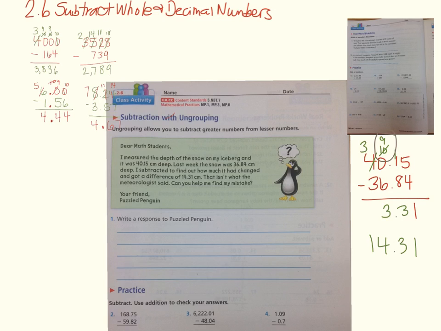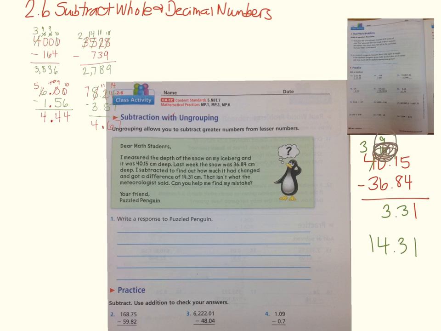So Puzzled Penguin needs to make sure that when he's breaking apart the tens, that he puts those in the ones, which it looks like he just kept the 10 like this and did not make it smaller when he brought the one over to help out the 10th spot.